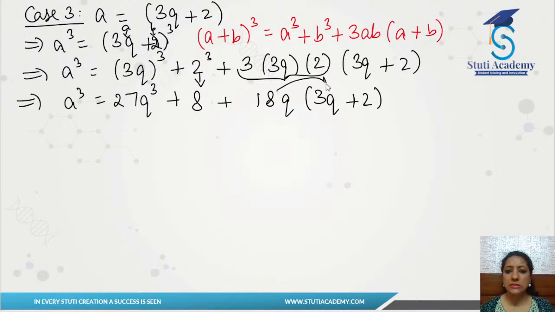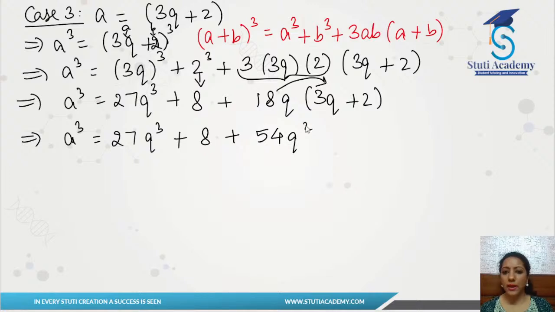Now we'll take this inside and we'll multiply with each term inside the bracket. So we will get a cube is equal to 27q cube plus 8 plus 18 into 3, that's 54q square, and 18q into 2 will give us 36q. Now I'm going to express this in the form of 9m plus 8.